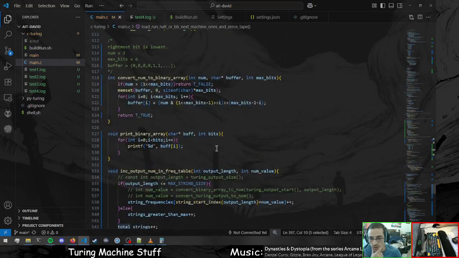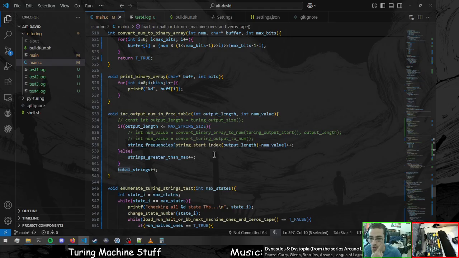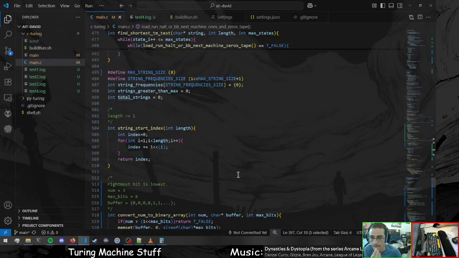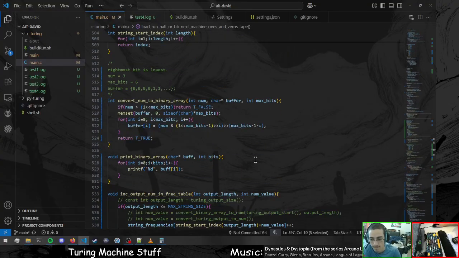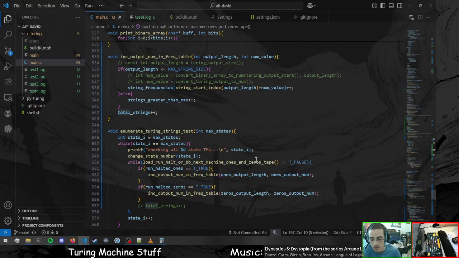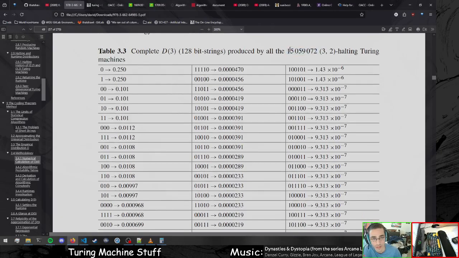But the thing is, in the frequency table, they all start at 0, right? They all start at 0. And I just don't get it. What is happening here? How do they do this? What are they doing?